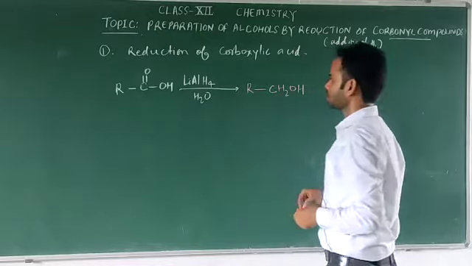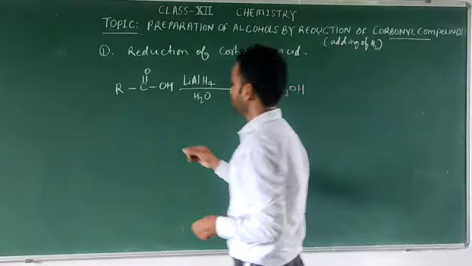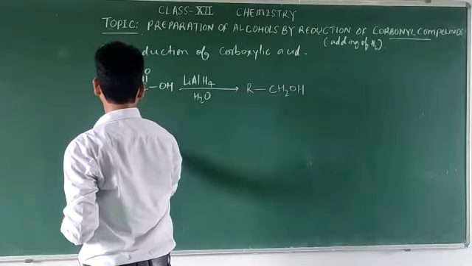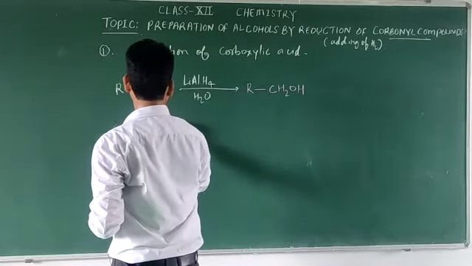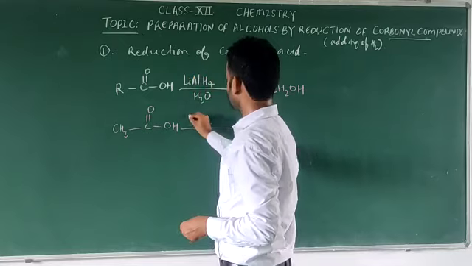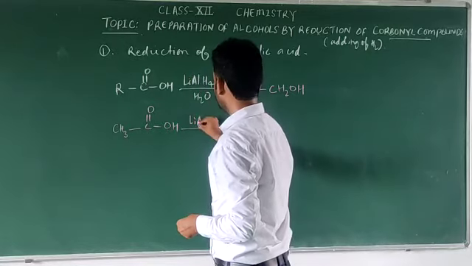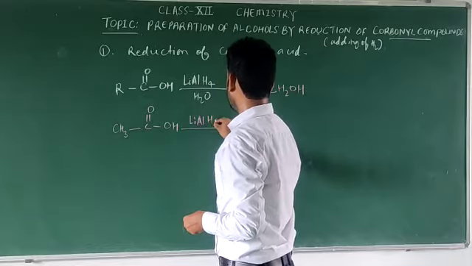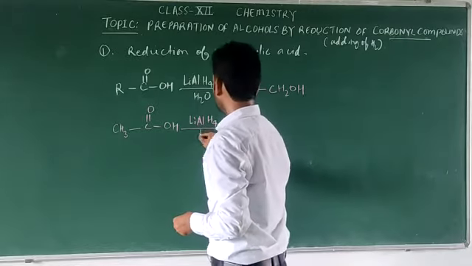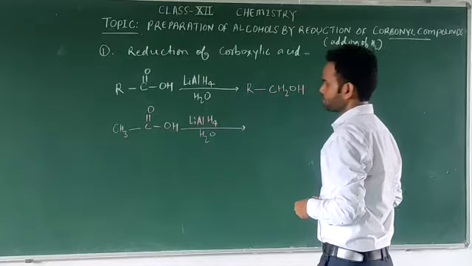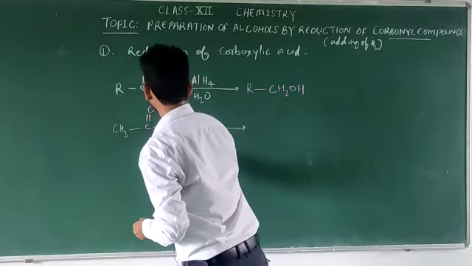H2OH. Okay, for an example, if we take CH3 here, then the equation would be like this: the reducing agent lithium aluminum hydride and then H2O. What will we get here?